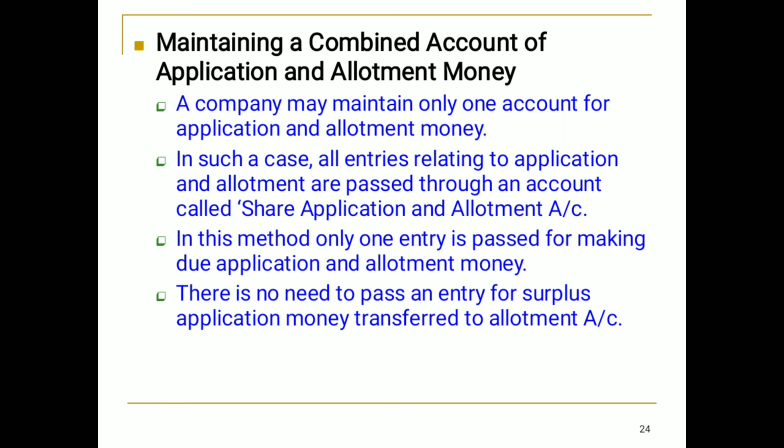There is no need to pass an entry for surplus application money transferred to allotment account. In case there is oversubscription, then there is no need of writing down the journal entry for transferring the surplus amount to the allotment account.